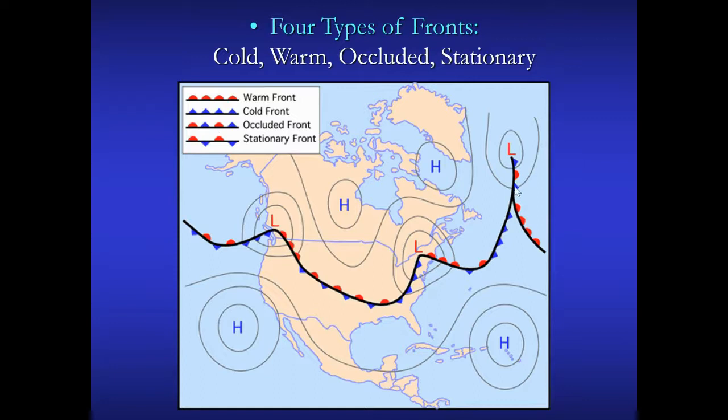That's kind of like the end stage of a cold front plowing through. We'll talk about that in a second, but it's half circles and triangles, so it's like warm and cold air have already met there. And then a stationary front is where the air on both sides isn't really moving anywhere. It's just warm air sitting on one side of the front and cold air sitting on the other side.